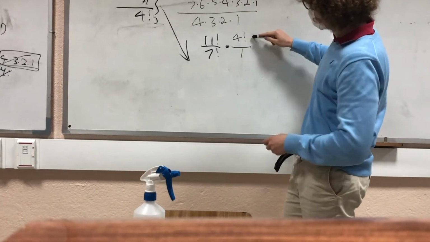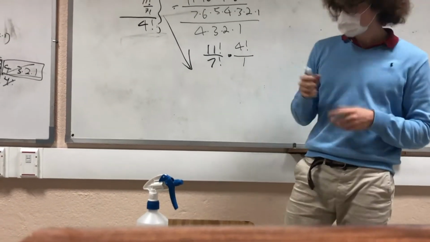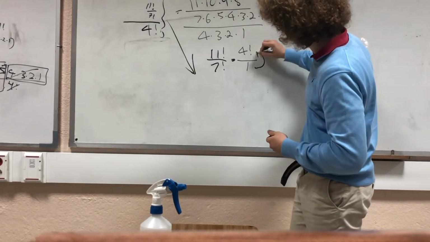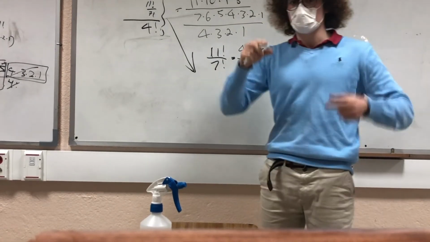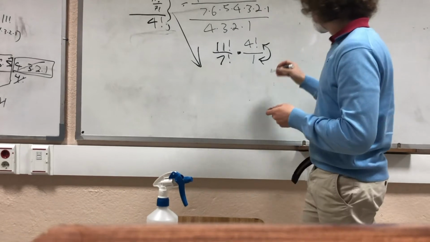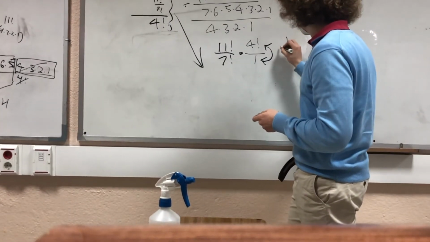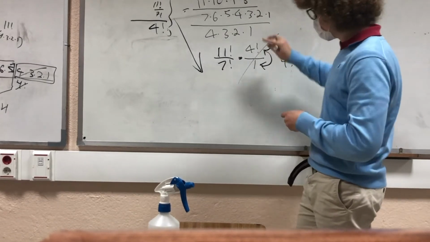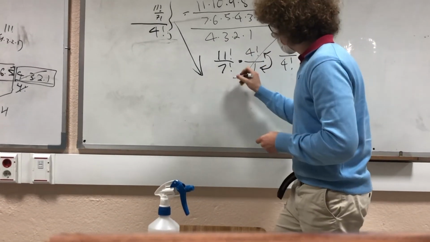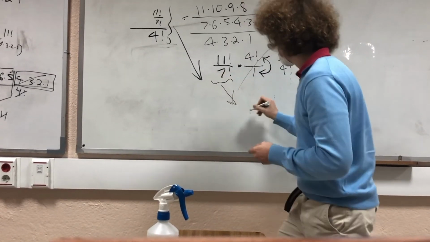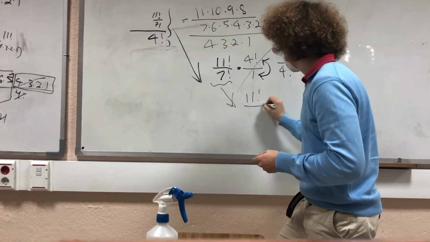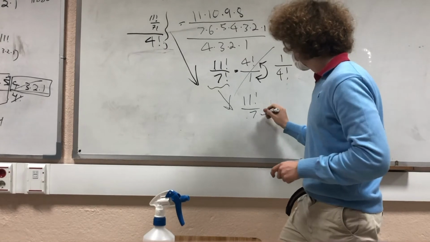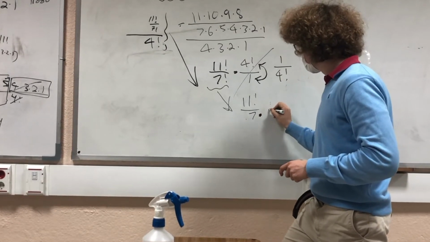So this is 4 factorial over 1. But the reciprocal means that we need to switch these 2 things here. Reciprocal means that you switch the numerator with the denominator. So this means that it's now 1 over 4 factorial. So get rid of that. We don't want that. So now you take down this, and you get 11 factorial over 7 times 1, which is just 11 factorial over 7 factorial, times 4 factorial.